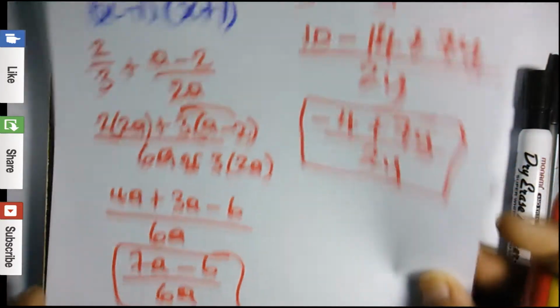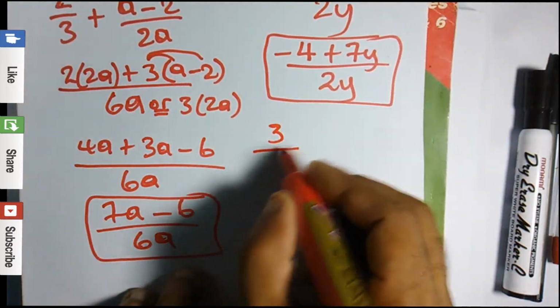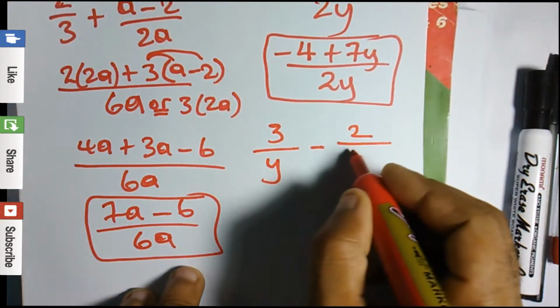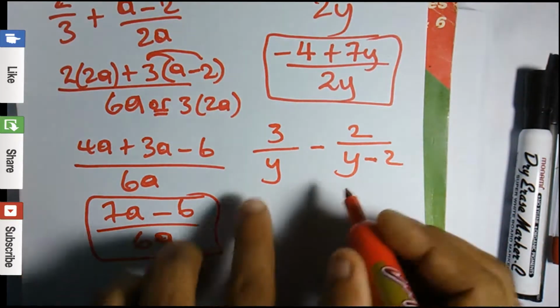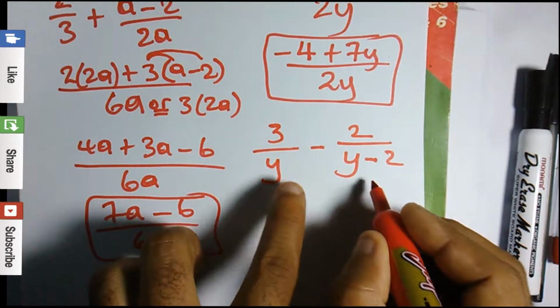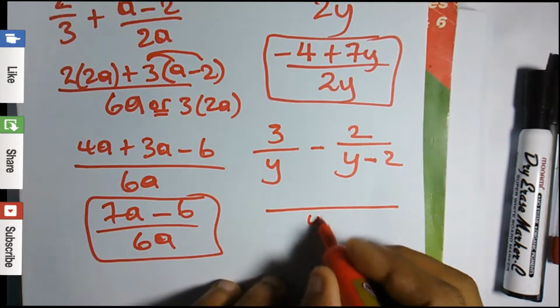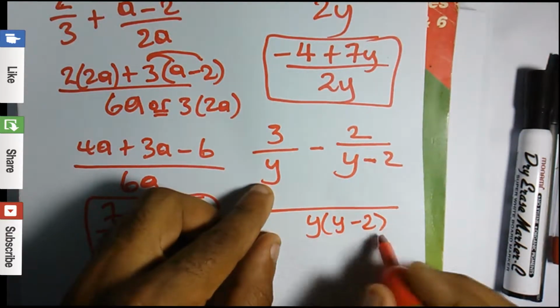Let's say we had 3 over y minus 2 over y minus 2. Now, remember, these are representing two different numbers, so we'll just multiply to get the LCM. So the LCM for this would be y times y minus 2.